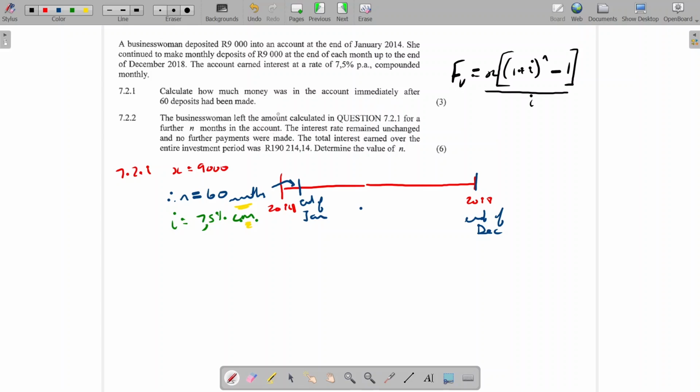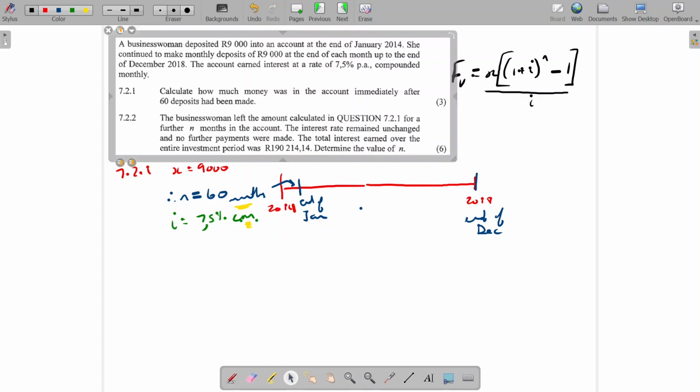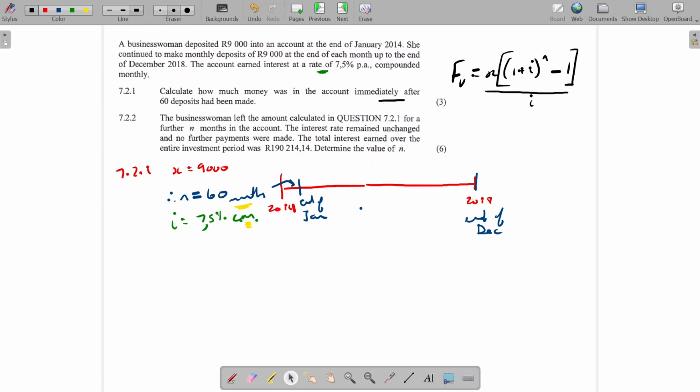Because they're talking about immediately afterwards, we can see that they are talking about a future value. Because they're talking about the amount after, we must be talking about a future value formula. So this is telling me that I want to use the future value formula.